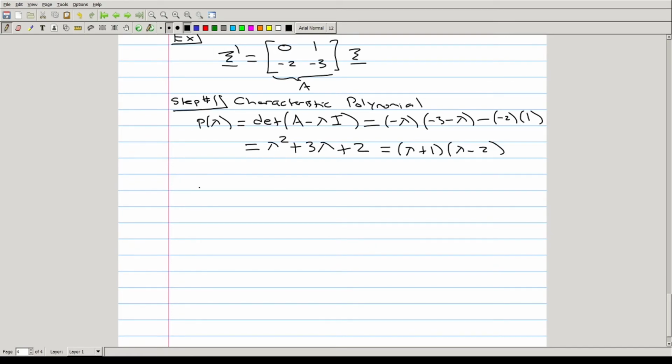And if it doesn't factor nicely, we have to go through and use the quadratic formula here, but it does in fact factor nicely.